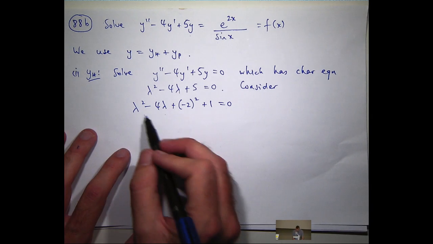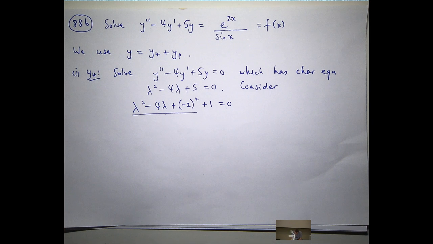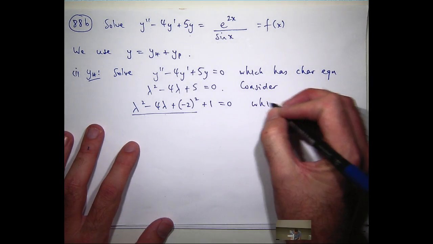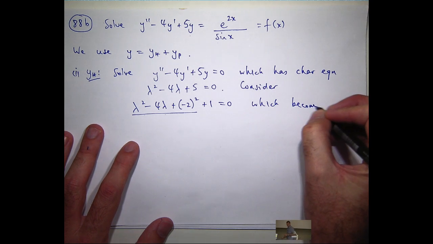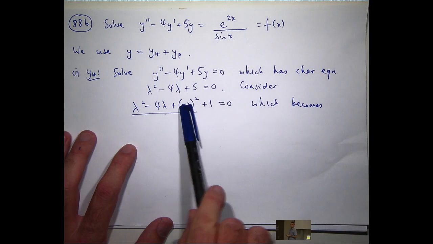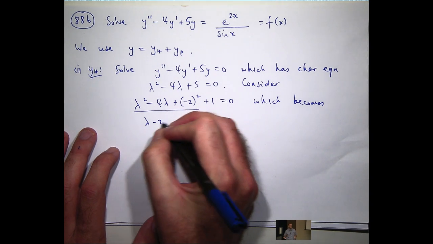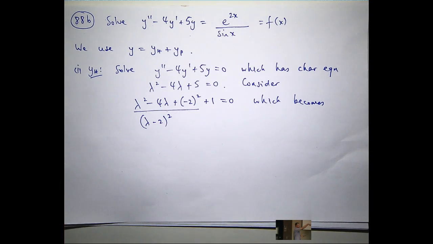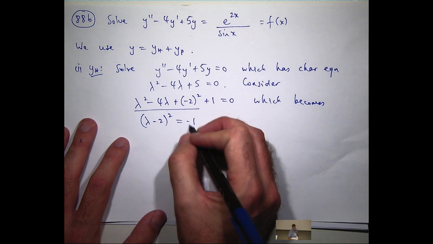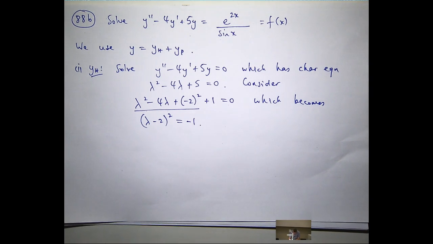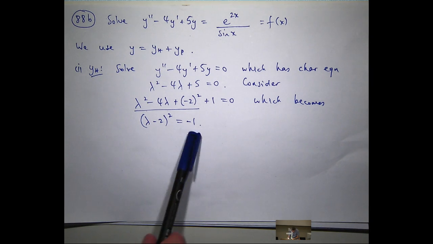Now, that can be factorised. It's all about the coefficient of the lambda. Okay? So I can take that 1 to the other side. I've got a square there. So if I take the positive and negative square roots of both sides, on the right here I've got i squared.